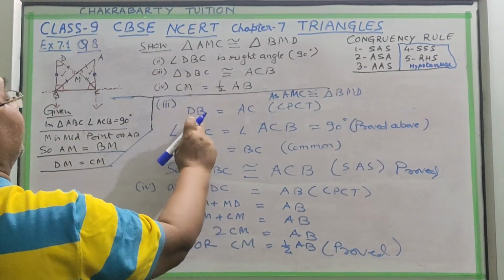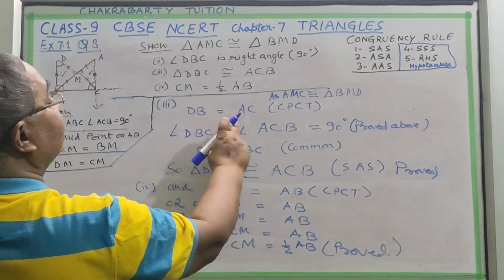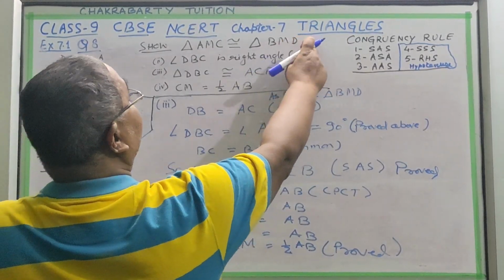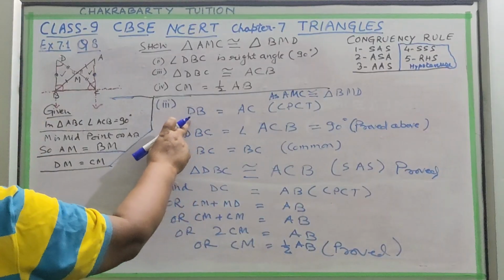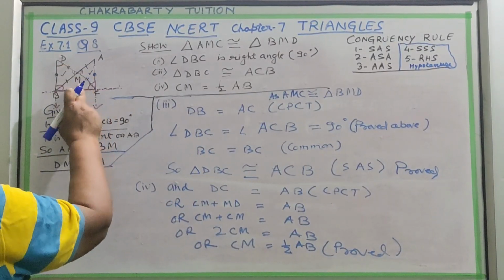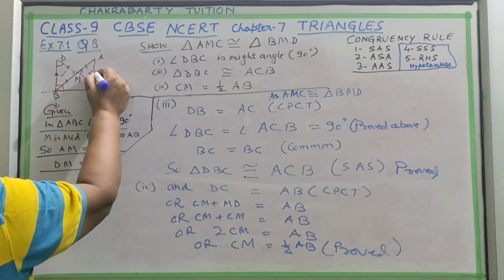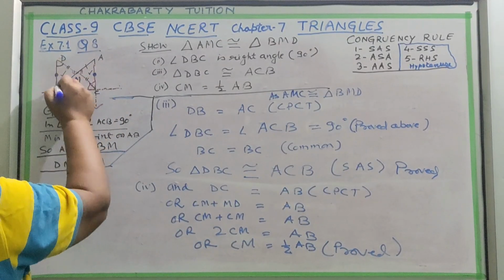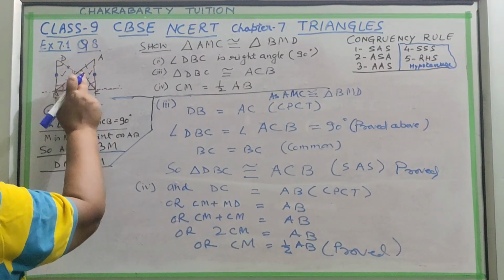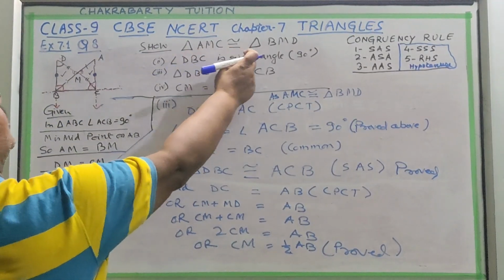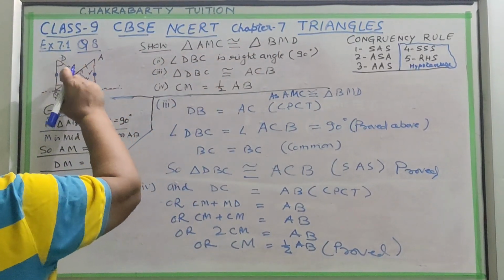For this third part, DB equals AC, because we have proved AMC congruent to BMD.